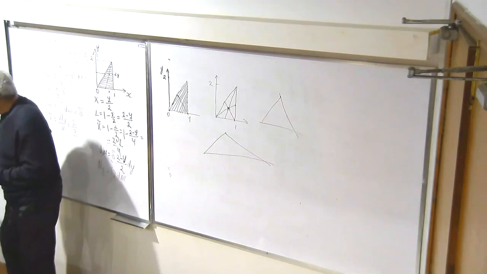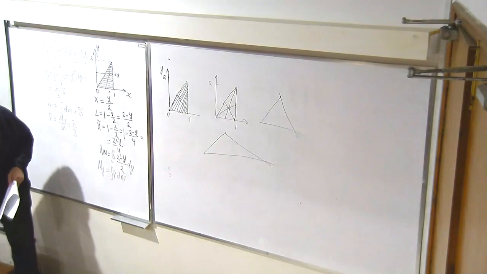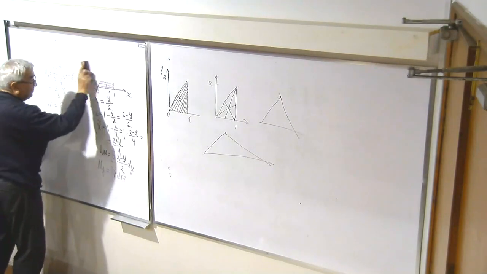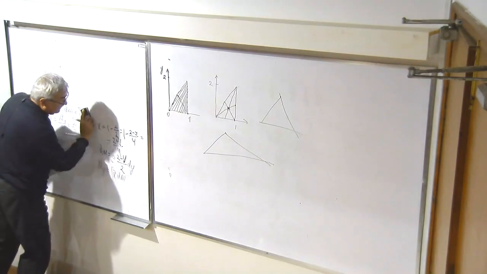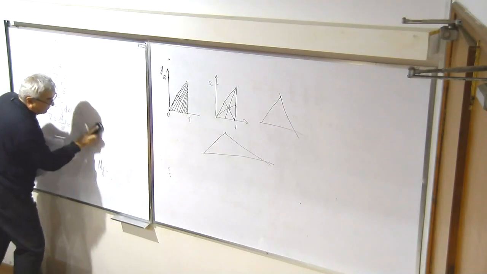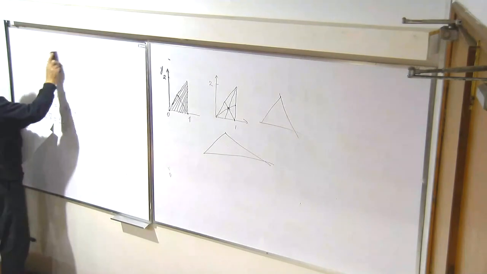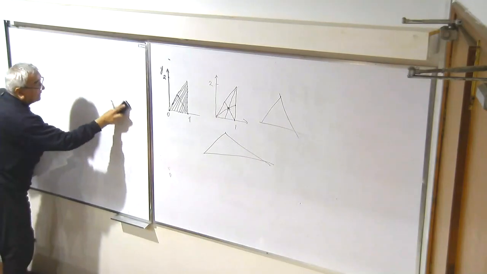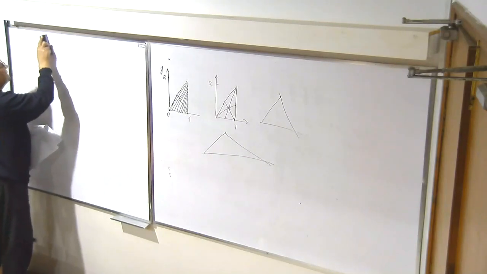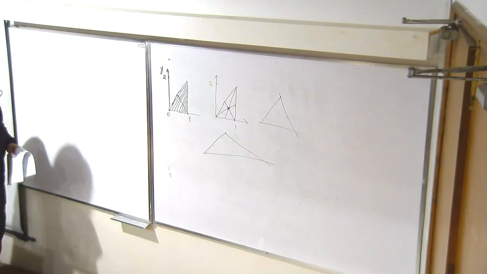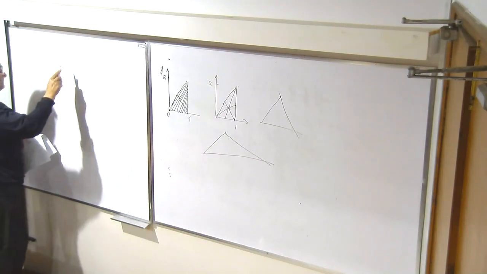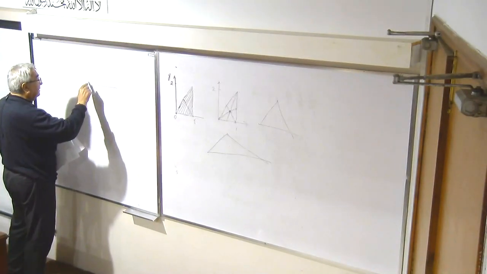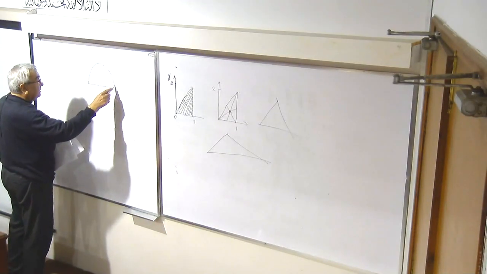Let us look at these problems. Let us consider a semicircular wire, which has a constant linear density. We have this wire of radius r.